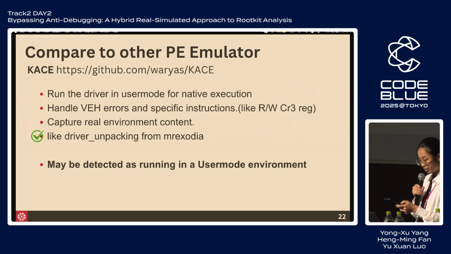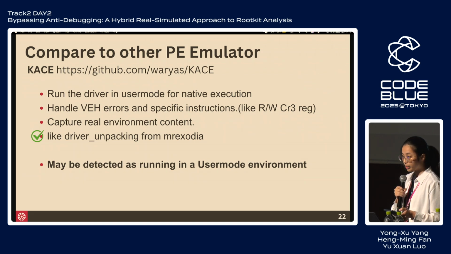Finally, let me introduce the last emulator, the kernel anti-cheat emulator. The Kernel Anti-Cheat Emulator, also known as KACE, is one of the project's references. KACE maps drivers to user mode for execution. For that reason, KACE has native execution, which speeds up the execution. KACE uses vectored exception handling, also called VEH, for exception handling.